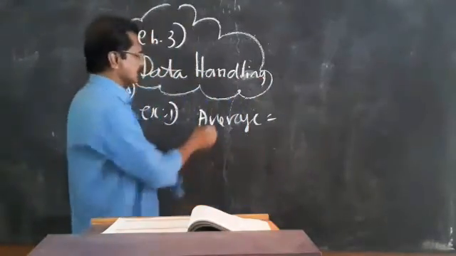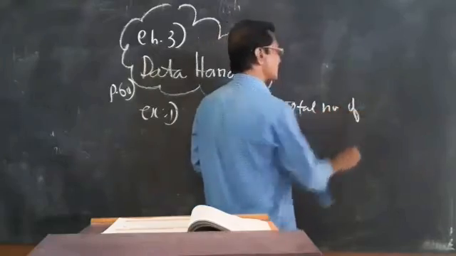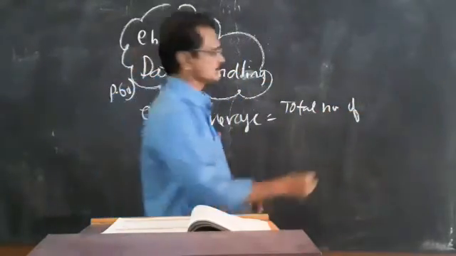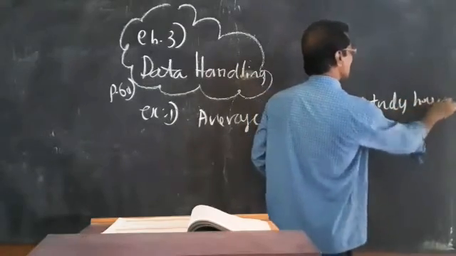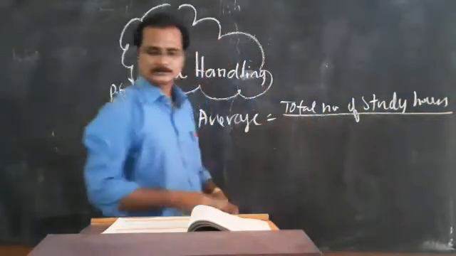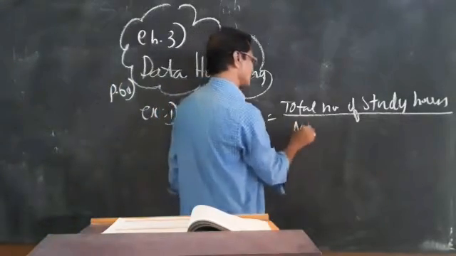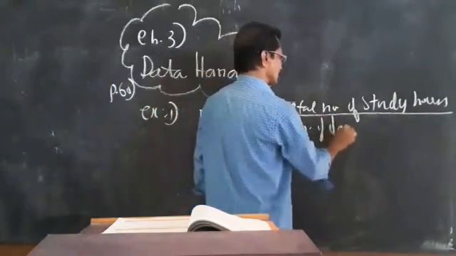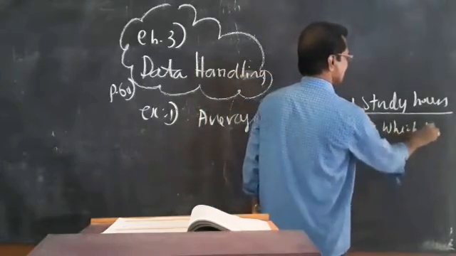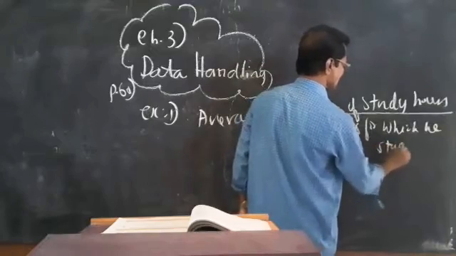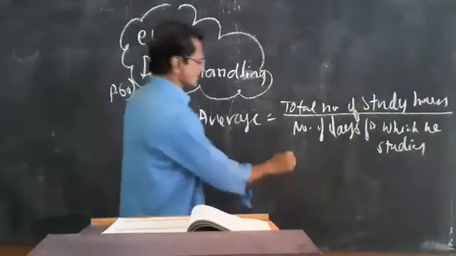So the formula is average equal to total number of study hours upon number of days for which he studied.